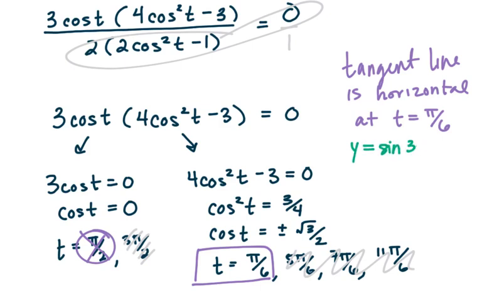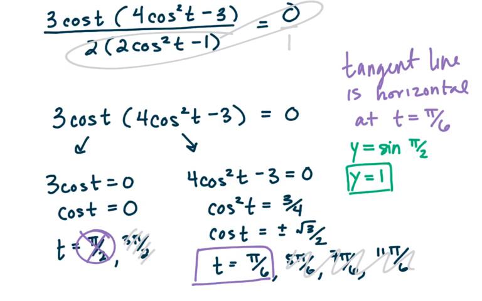If I plug in pi over 6 for t, that's sine of 3 pi over 6, or sine of pi over 2, and sine of pi over 2 is 1. So we would get y equals 1. That would be the equation of my horizontal tangent line at t equals pi over 6.